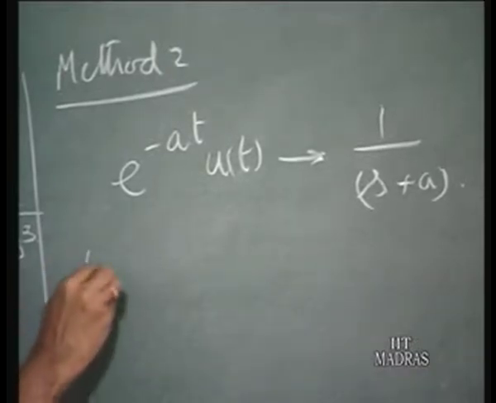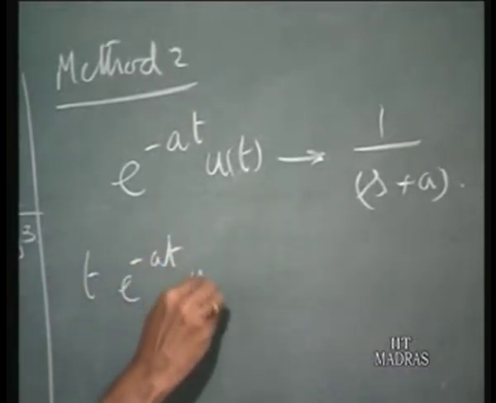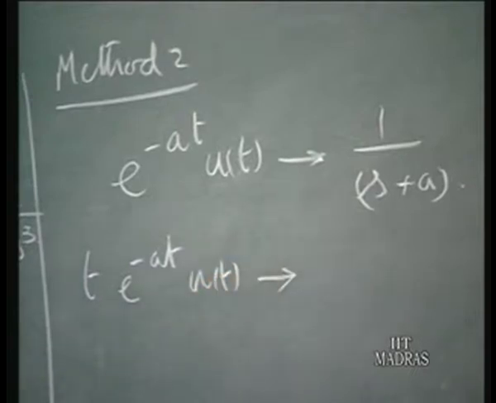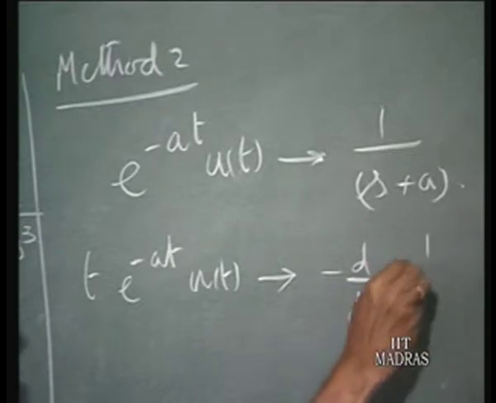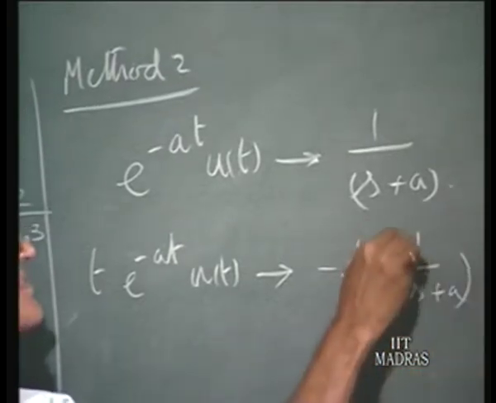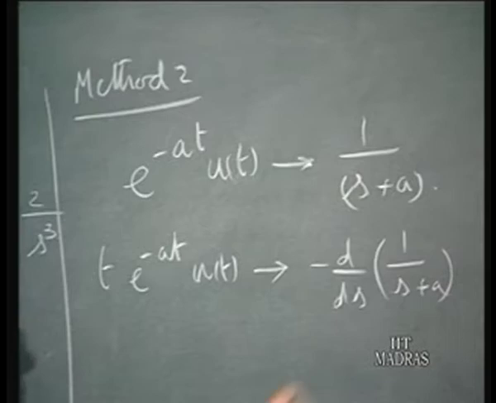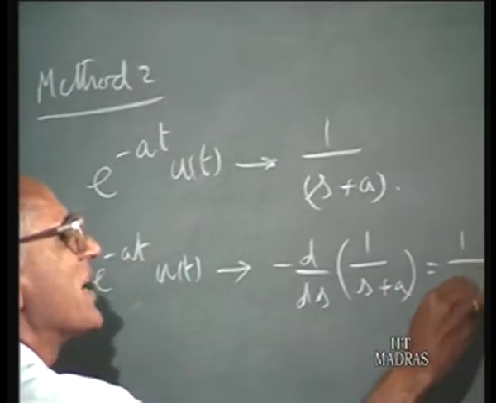Now, t multiplied by e to the power of minus at u(t) is once again minus d by ds of 1 over s plus a. That will be 1 over s plus a whole square.